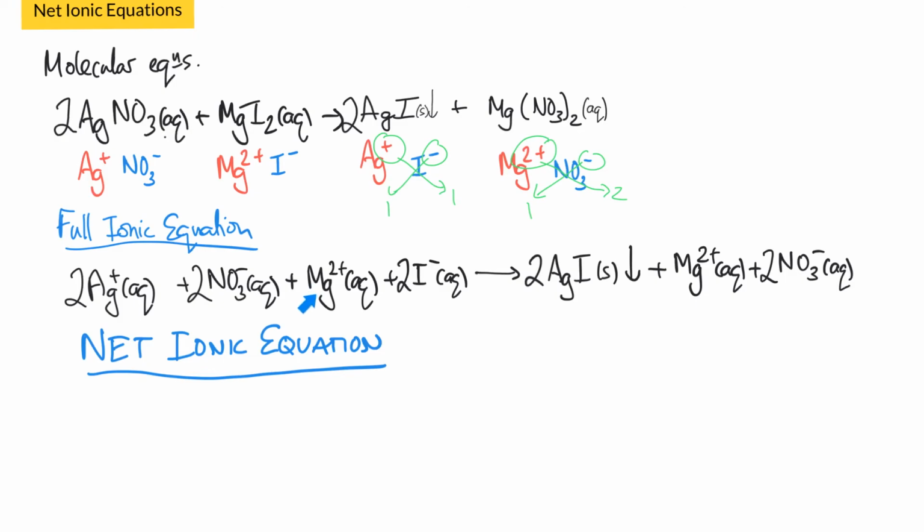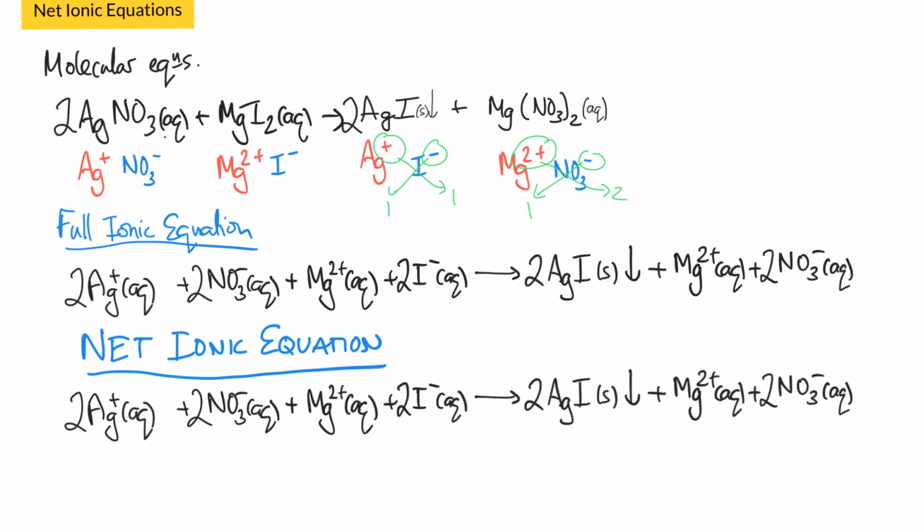And if we look at the magnesium on the left and the magnesium on the right, it is exactly the same. It has not changed one iota. Because it hasn't changed at all, we can make a copy of this and throw it down on the line below.